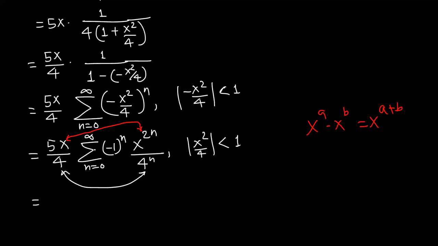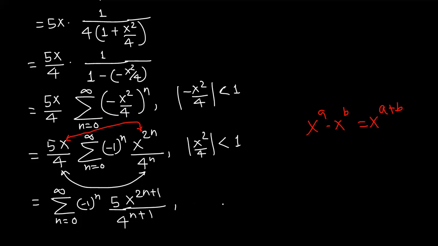Let's take 5 also inside, or we can leave 5 outside, it doesn't matter. Sum n from 0 through infinity, negative 1 to the n, 5 x to the 2n plus 1, over 4 to the n plus 1. So this is the power series representation for the given function.